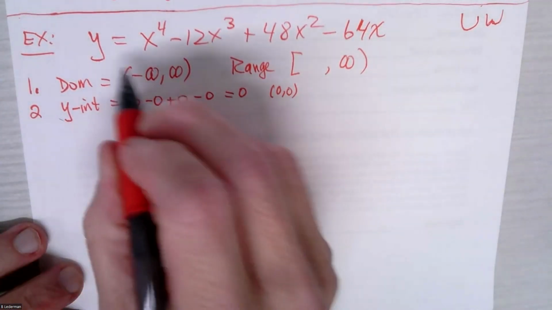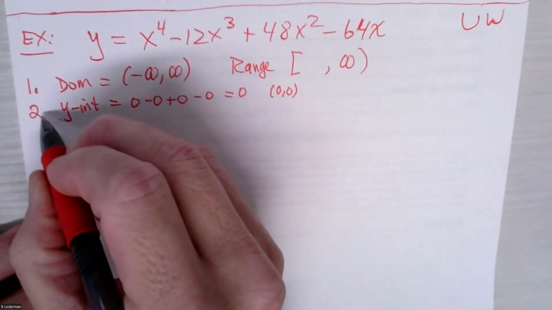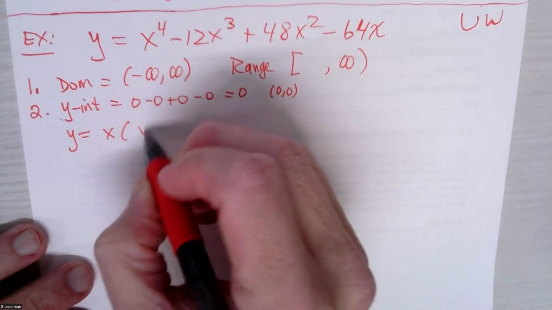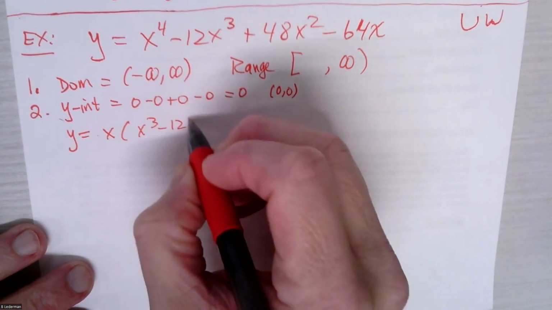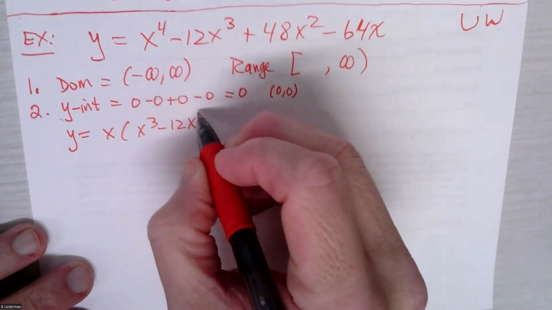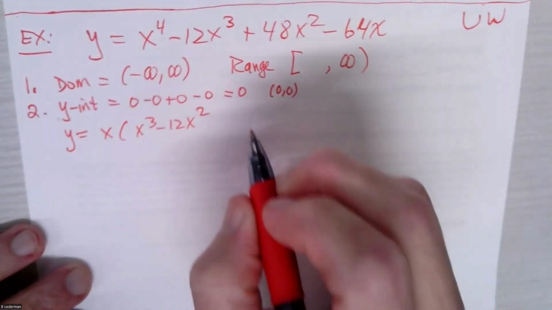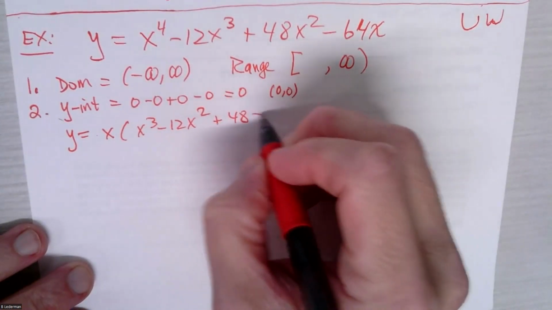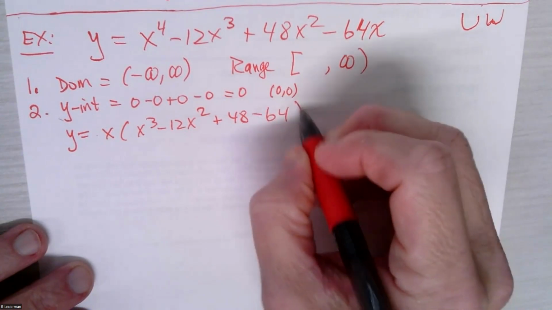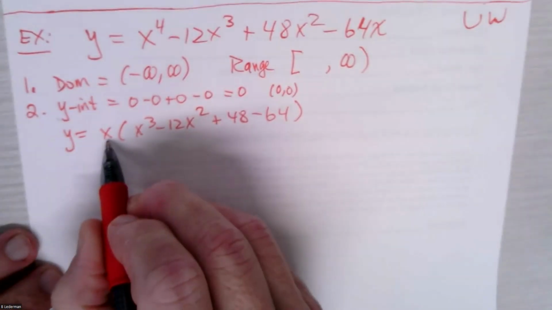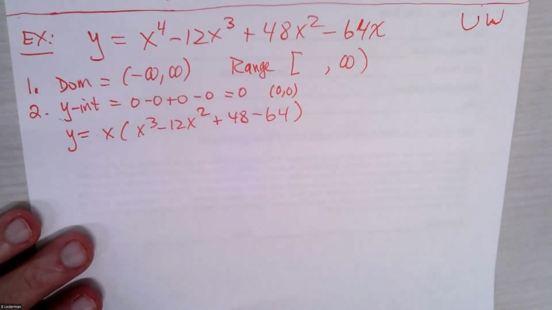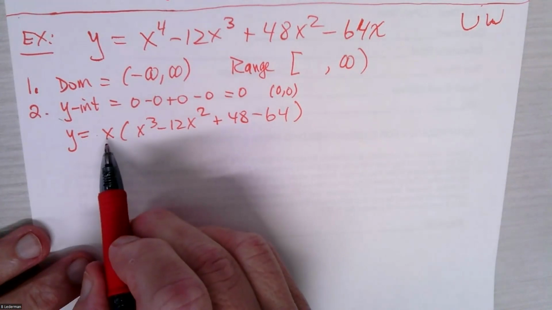Because if I factor this, y equals x times x to the third minus 12x squared plus 48x minus 64. But there's an x out front, so x is a 0. So an x-intercept is x equals 0.